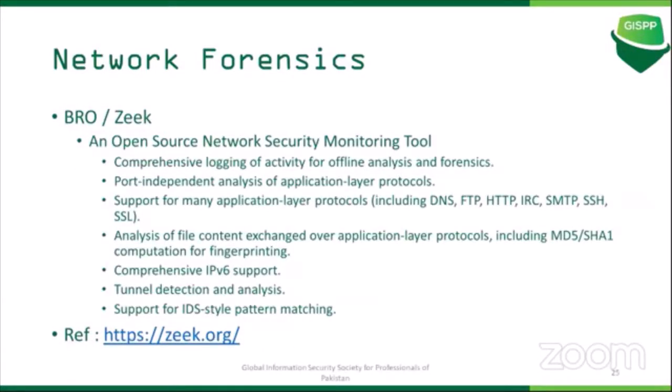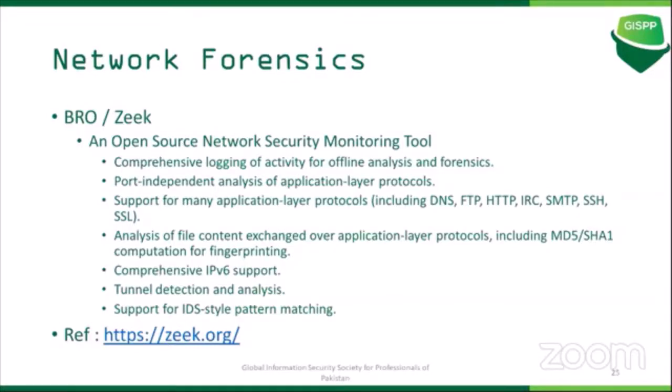Currently, it is known as Zeek, and it's an open source network security monitoring tool. It supports many application protocols like DNS, FTP, HTTP, a lot of other protocols. Along with it, it also supports IPv6. I know a lot of companies are currently adopting IPv6. So it can be used for tunnel detection analysis.